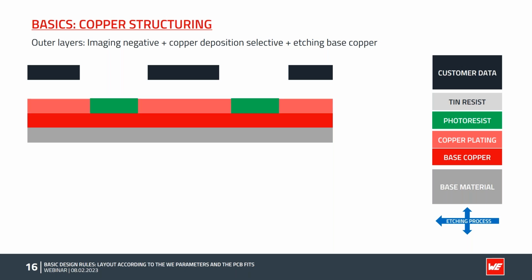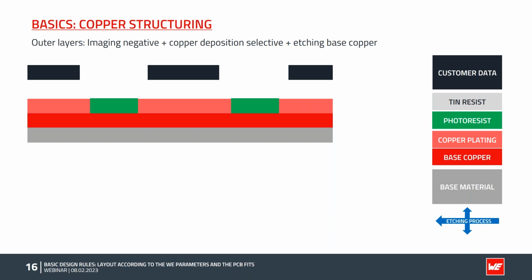The next step is the copper plating. So in between the resist channels, there is a growth of copper in this plating process.